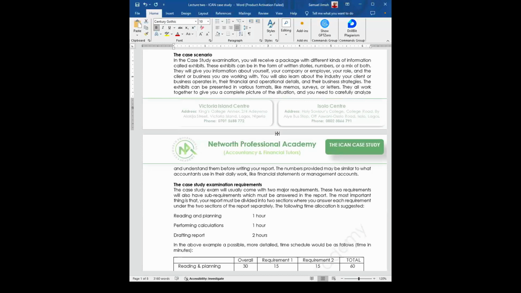You receive another mail about recent news, or government publication about that industry, or a recent regulatory requirement about that industry. Let's term that exhibit 5 or 6. Now, all of these exhibits combined together will form the case scenario.